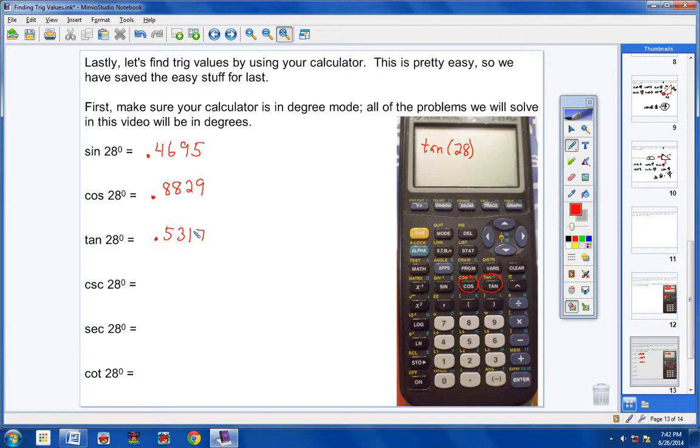That's fine. What you're going to do is simply this. Remember, cosecant is the inverse of sine. Remember that? So with your calculator, go back up, and I want you to hit sine of 28. Now just trust me. Hit sine of 28, and then hit enter. Okay?